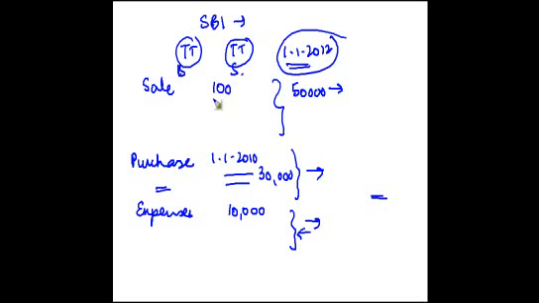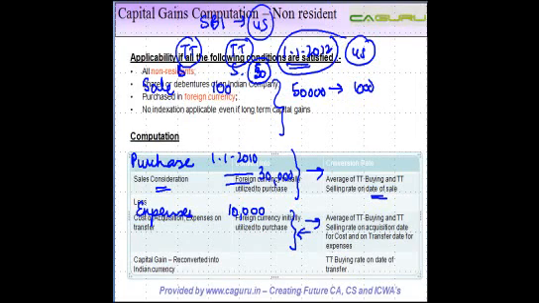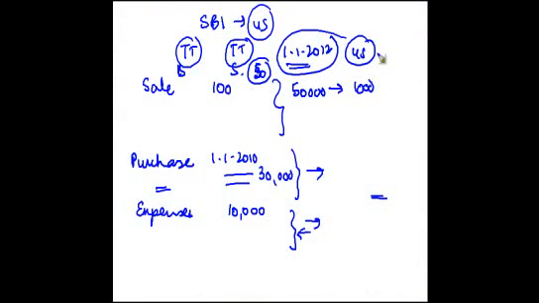Let's say the average on the date of sale is 50. You divide 50,000 by 50 and you get 1,000 dollars. This conversion rate has to be applied for the currency which was initially utilized to purchase the share.